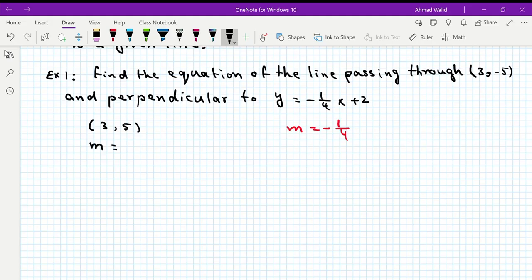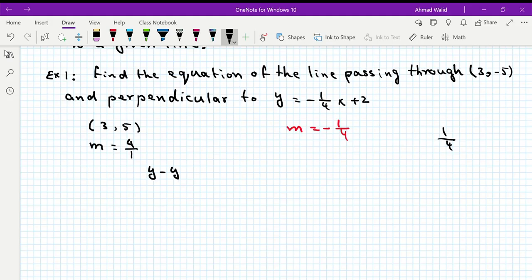What is the opposite of negative 1/4? Positive 1/4. Now reciprocal: turn it around, flip it. 4/1, or only 4. Correct?